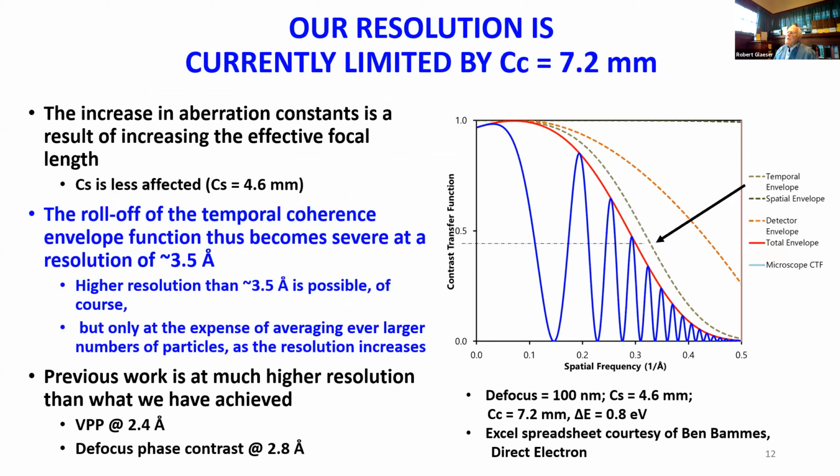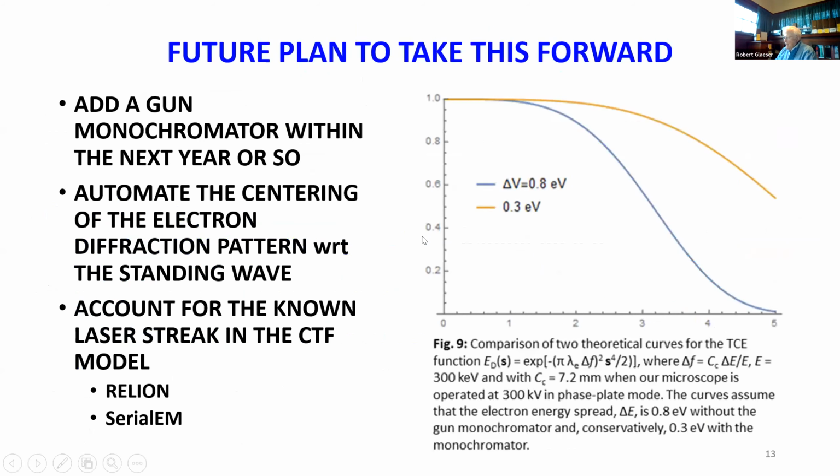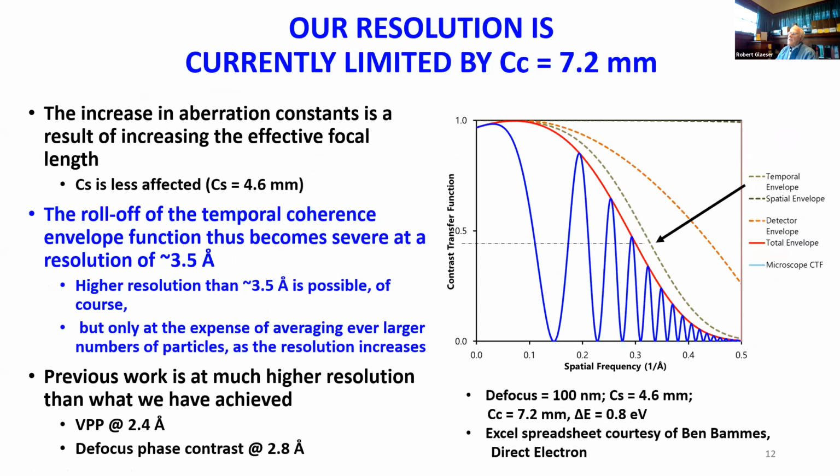Now, the resolution of 3.8 angstroms, we're very, very happy with it, but it doesn't match what has been done with defocus. We're not there completely. We knew that there was a serious limitation in our current implementation of the laser phase plate.